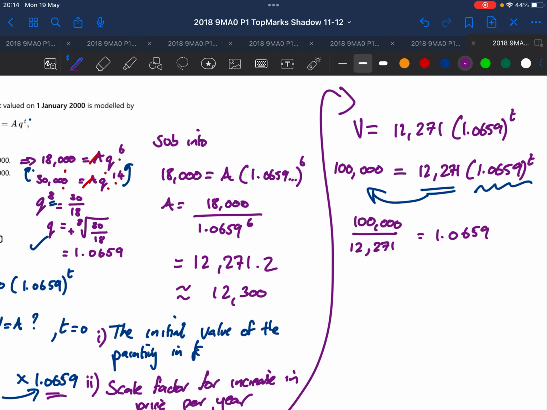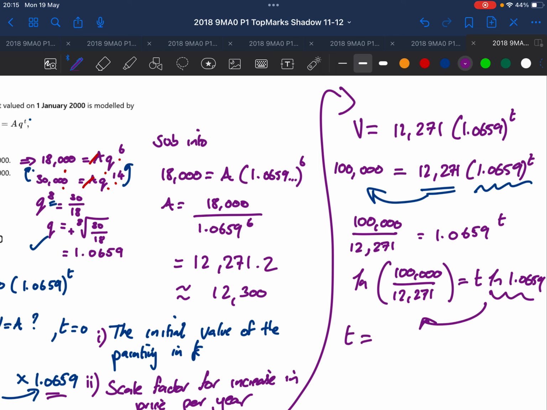You can get into situations when they're less than 1 that they have fairly weird results. So what I'm going to suggest is natural log of 100,000 over 12,271. And then that would equal, if you did a natural log, that enables you to bring t down. So t natural log 1.0659.